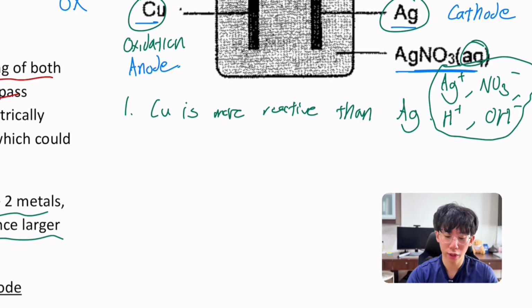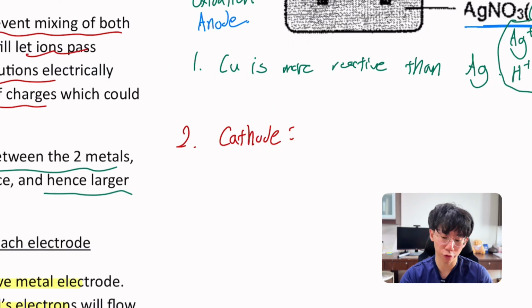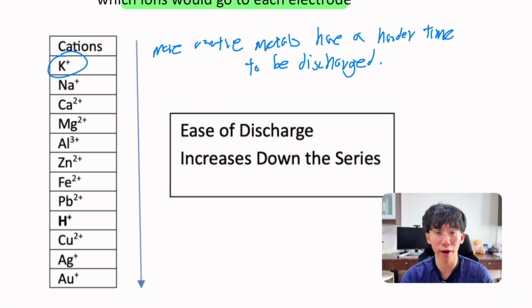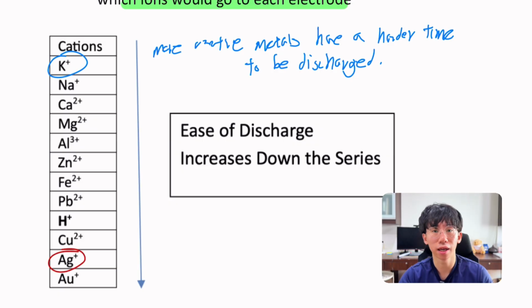Next, you can then write the half equations over here. So your cathode is going to have reduction that happens, and for this we want to look at the ease of discharge table. So if you refer to the ease of discharge table or the reactivity series, we can tell that if you compare H plus and silver plus, silver plus actually is having an easier time to discharge.